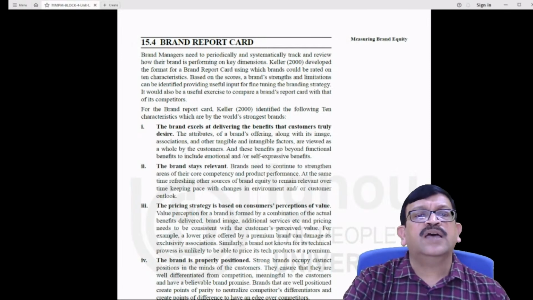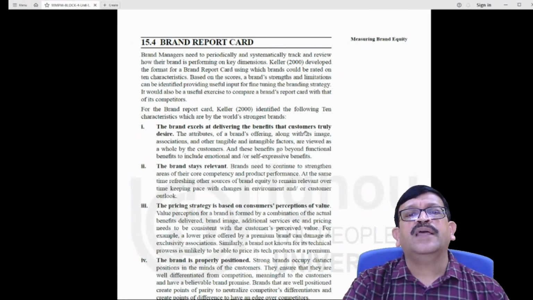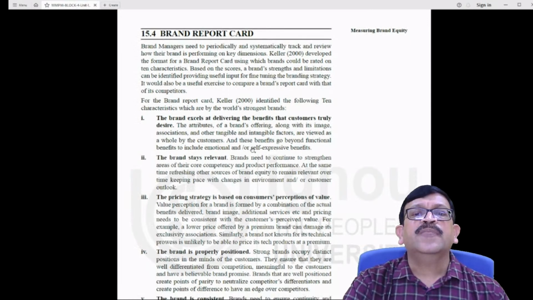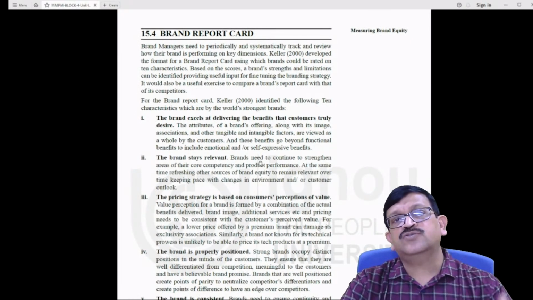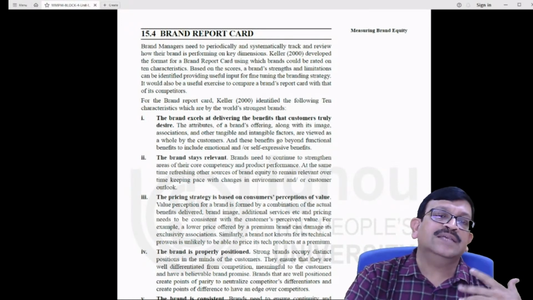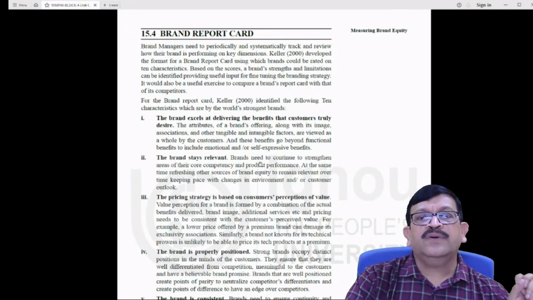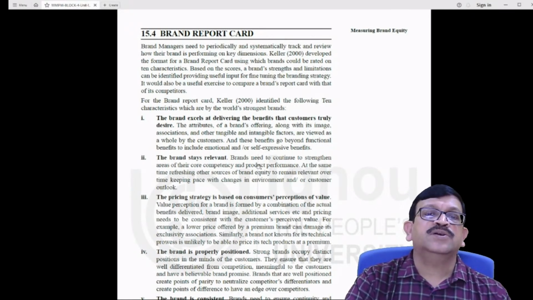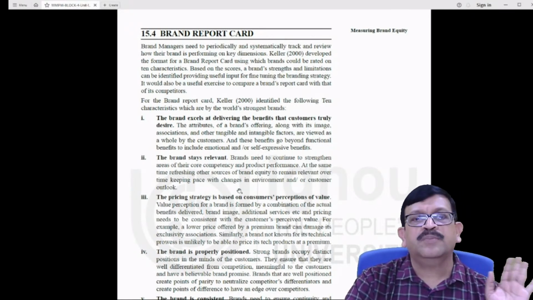A brand report card was developed by Keller in 2000. He says that strong brands should essentially have these 10 parameters as their characteristics. Otherwise, your brand will not be considered a strong brand according to the brand report card.